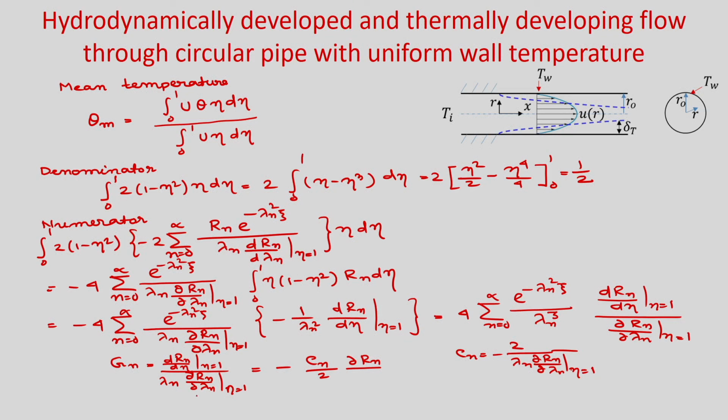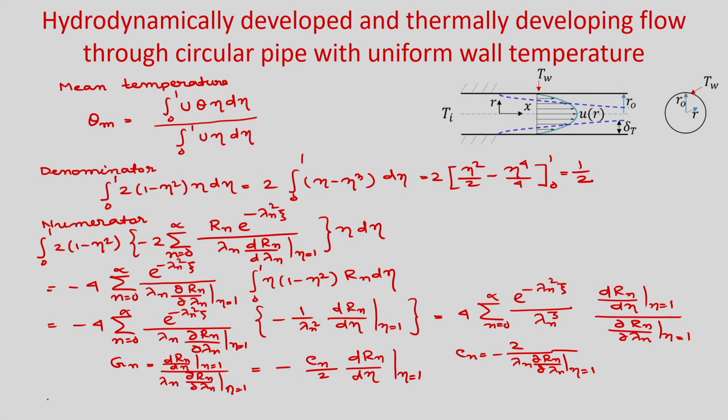So, now if you put 1 by lambda n del r n by del lambda n at eta is equal to 1, so this value if you put, you are going to get minus C n by 2, and this is minus C n by 2, and this will be your d r n by d eta at eta is equal to 1.